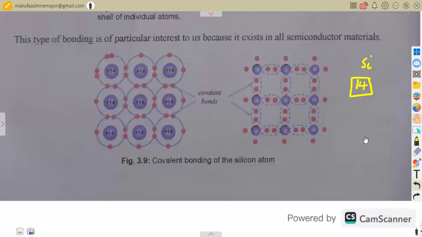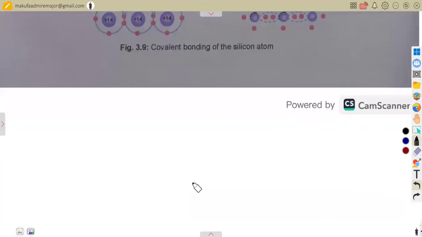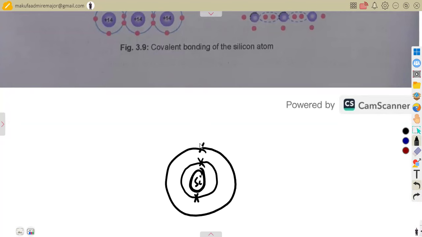So it's like this. You have a normal atom, which is your silicon, with 14. Let me go back, guys, to what we did. We covered the first 2, then another 8.